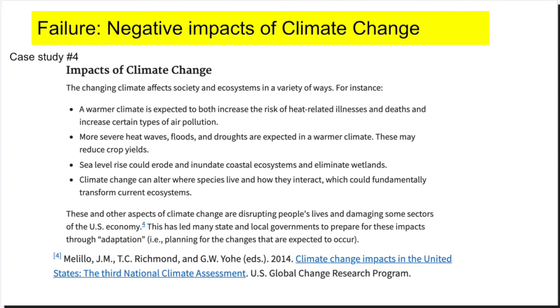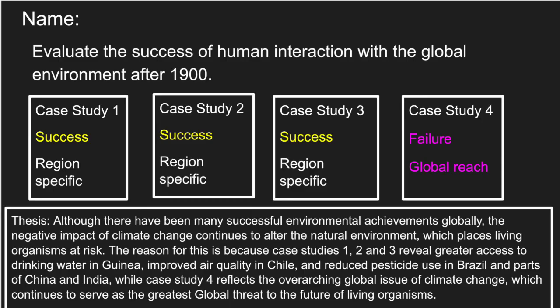It affects everybody and every living thing and the natural environment. So case studies 1, 2, and 3 are successes, but there's limits to the success because they're very small regions of planet Earth. Case 4 is a failure, and that failure is far greater than those region-specific successes. That's my line of reasoning.